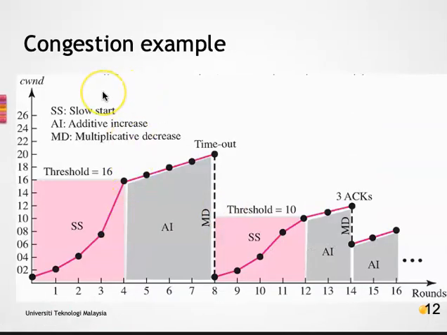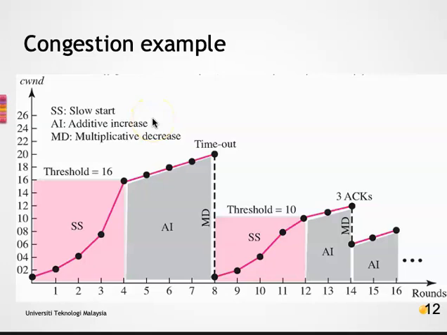In the next example, I'm going to show you the congestion phases from slow start to additive increase, and the next one is multiplicative decrease. The decision whether to go from slow start to the next phase, which is congestion avoidance or additive increase or multiplicative decrease, depends on the congestion detection.